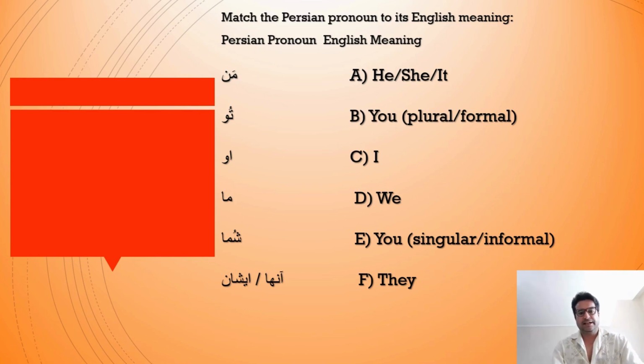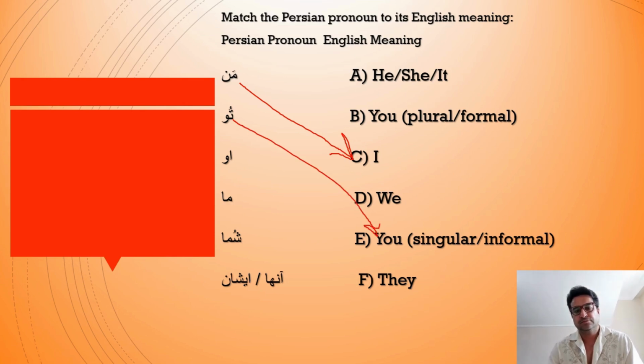So now I'm going to help you with this exercise. So the first one is man. So man is which one? So this is man, okay. The next one, to. To in the singular person. To is you, singular and informal form.